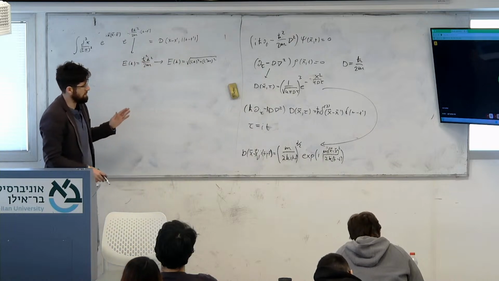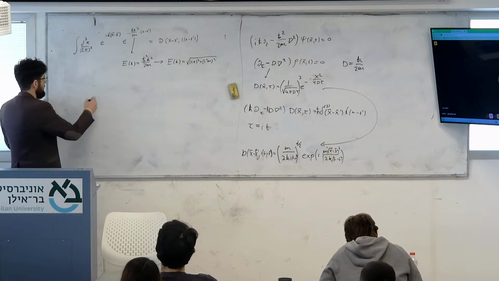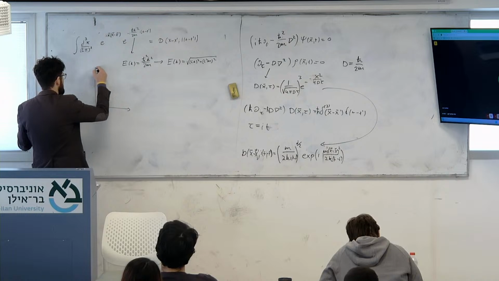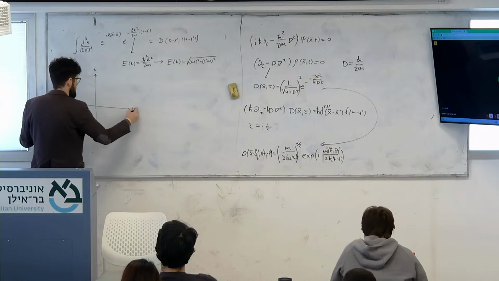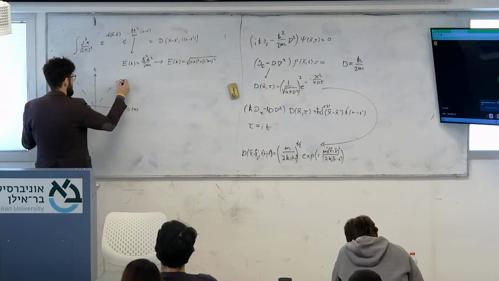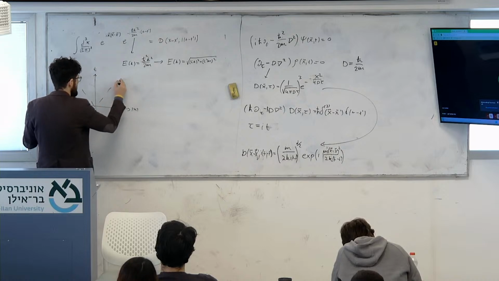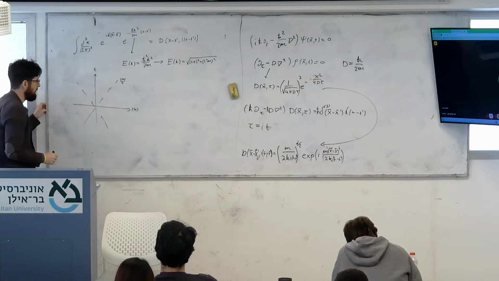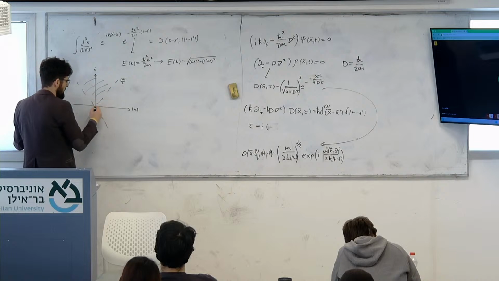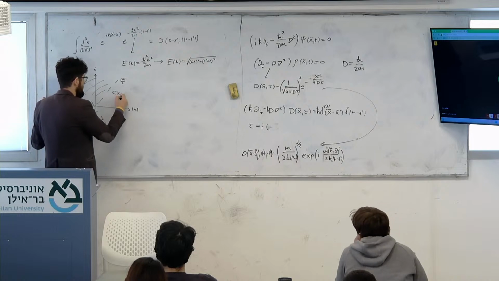It does help in the sense that what you will find then is that there is a light cone. If you look at space and time, this is say t and this is x, you'll find that there is a light cone, x equals ct, where here you have oscillations or some finite probability, and here you have exponential decay.